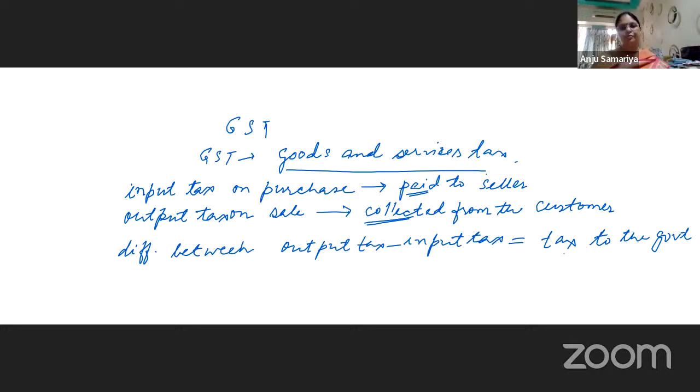Because I have to earn a profit. So when the selling price is more than the purchase price, the tax which I have collected will be more than the tax which I have already paid. The paid part I'll keep with myself, and the extra part I'll give to the government.